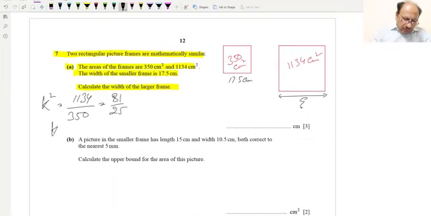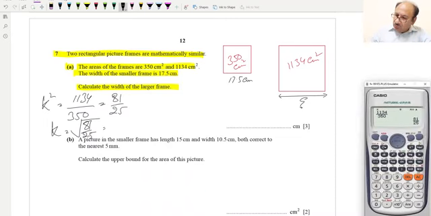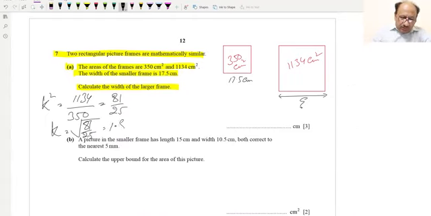Now we can find the k value. The k value will be the square root of 81 over 25, which will be equal to 9 by 5, and 9 by 5 we can write as 1.8. This will be the k value.